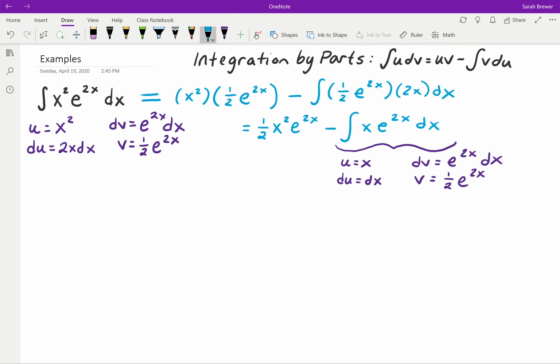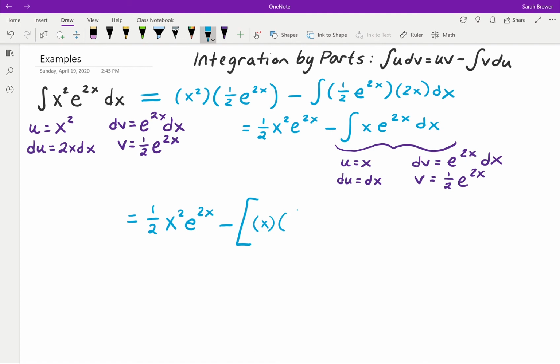So now I'm going to rewrite. I still have this 1/2 x squared e to the 2x here. And I want to be careful that I'm subtracting the entire expression that I'm replacing this integral with. So I'm going to put a set of brackets in here. All right, so the integral of u dv is equal to u times v.